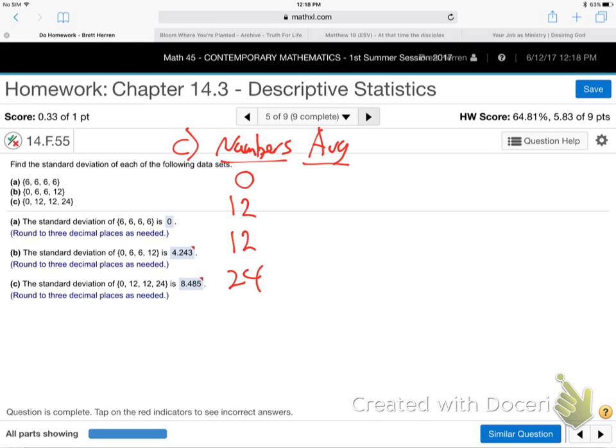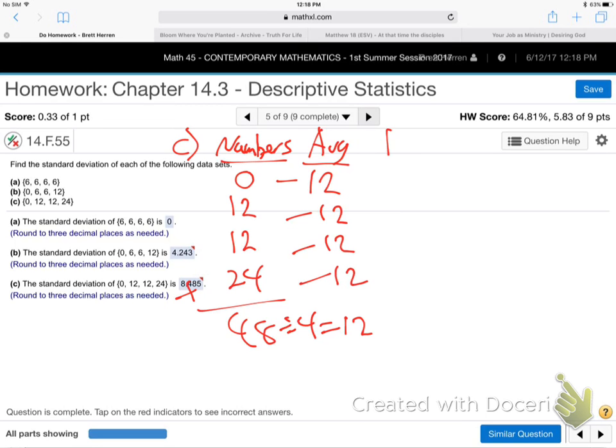exam. All right, so there's the shortcut way, which the majority of you have, that's great. Just hit the buttons, boom, there's your answer. I'll do it by hand here. 48 divided by 4 is 12. So subtract 12 from each value. The differences are negative 12, 0, 0, 12, right?